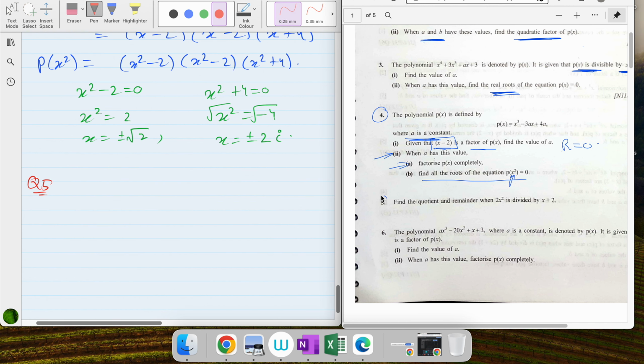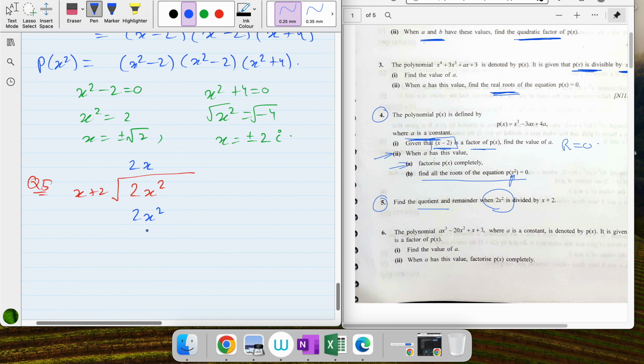The next question says find the quotient and remainder when 2x square is divided by x plus 2. So we multiply it with 2x. x into 2x is 2x square and 2 into 2x is plus 4x. Change the signs, get rid of this.